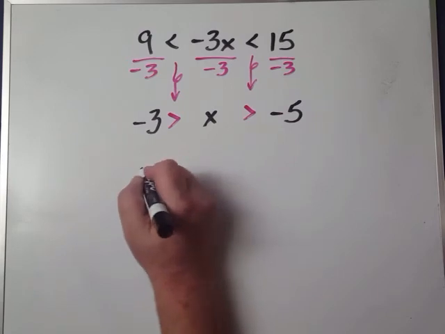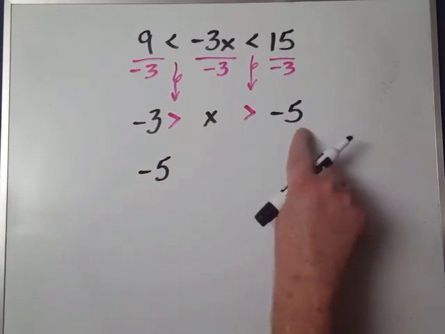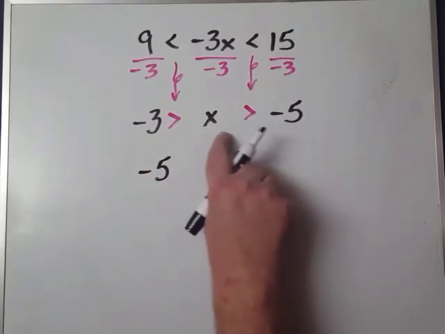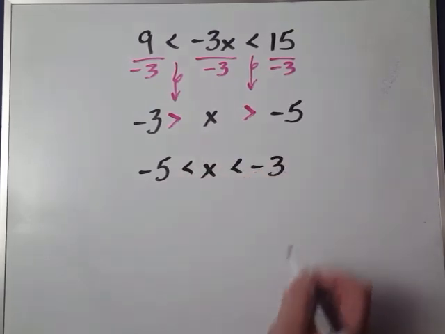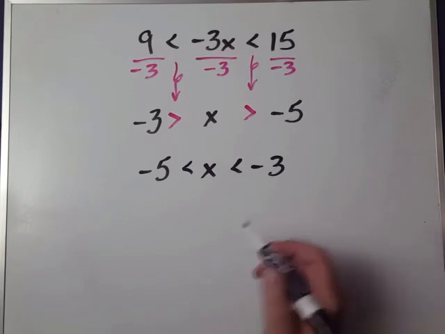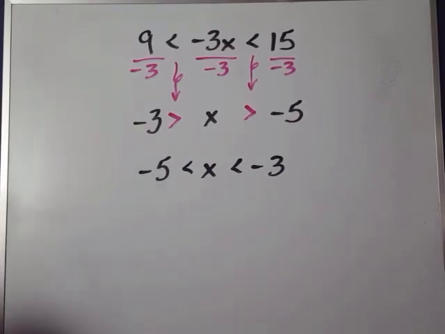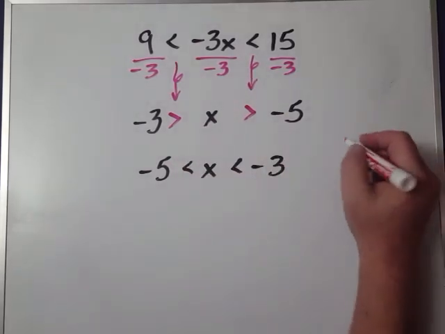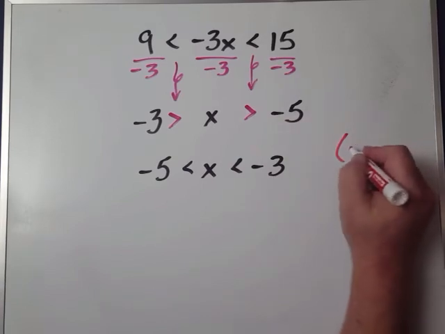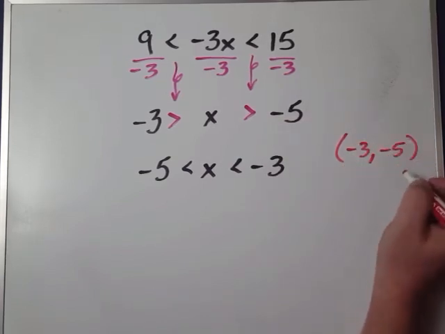We've got negative 5, reading this backwards, is what? Is less than x is less than negative 3. Because, see, on a quiz or a test, somebody is going to look at that, and I don't always ask for the graph. They're going to say, oh, no equal bars, it's going to be parentheses, and it's between negative 3 and negative 5.